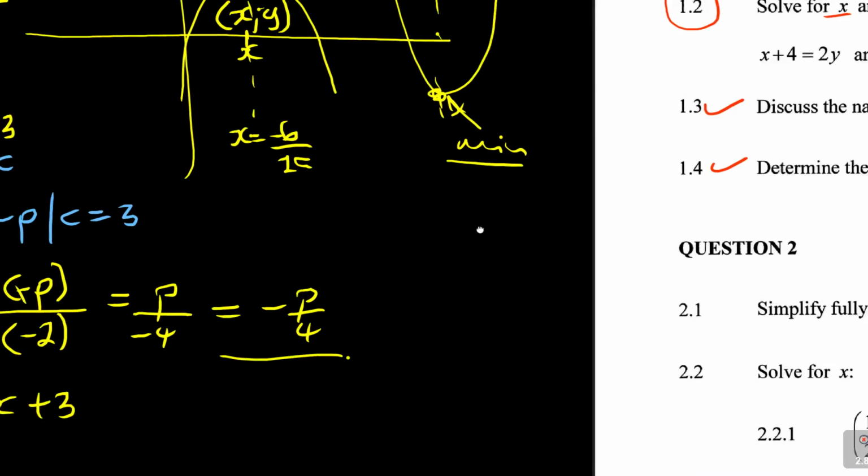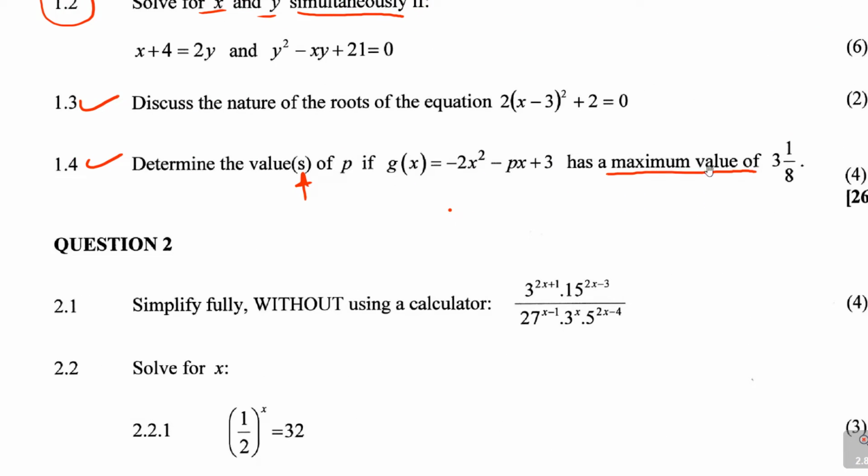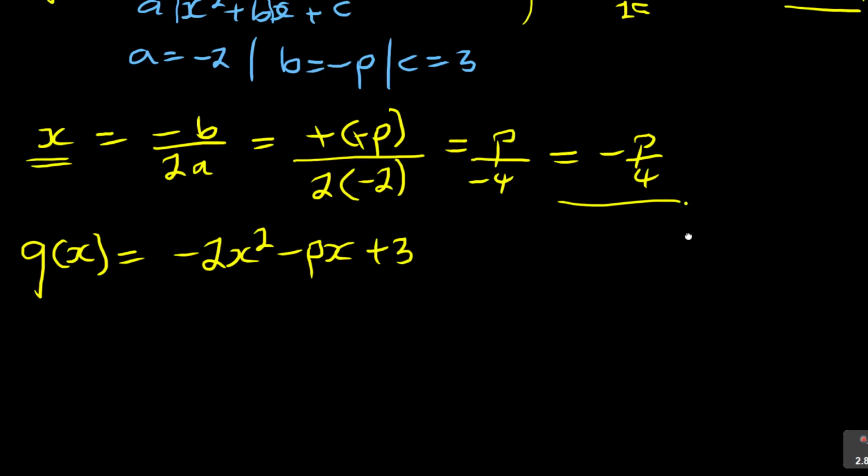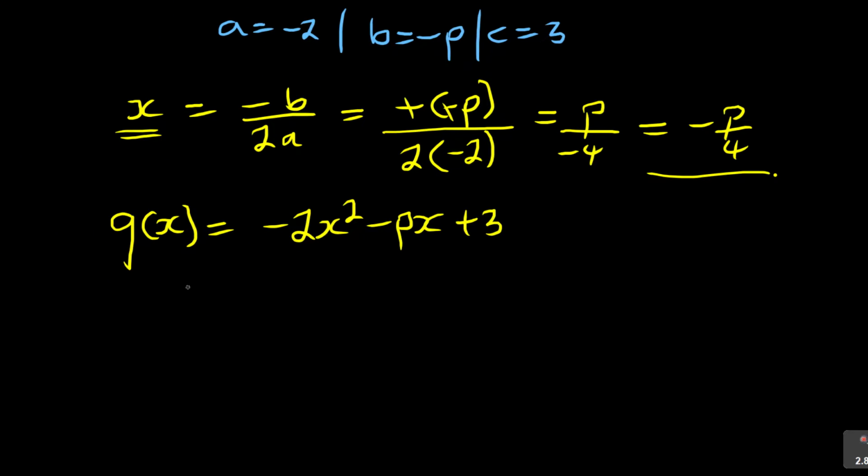The maximum value is 3 and 1 over 8. If you convert this, 3 times 8 is 24 plus 1 is 25 over 8. So they are telling you that the maximum value, that g of x, is equal to 25 over 8. This is 3 and 1 over 8. You can check with the calculator.